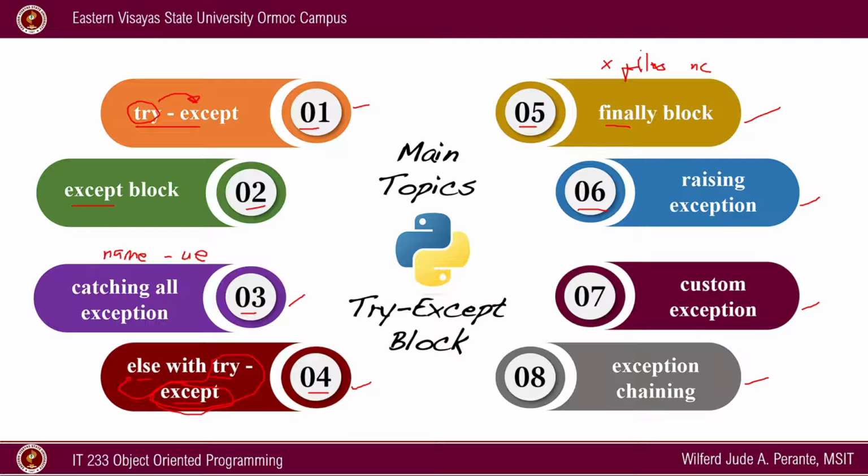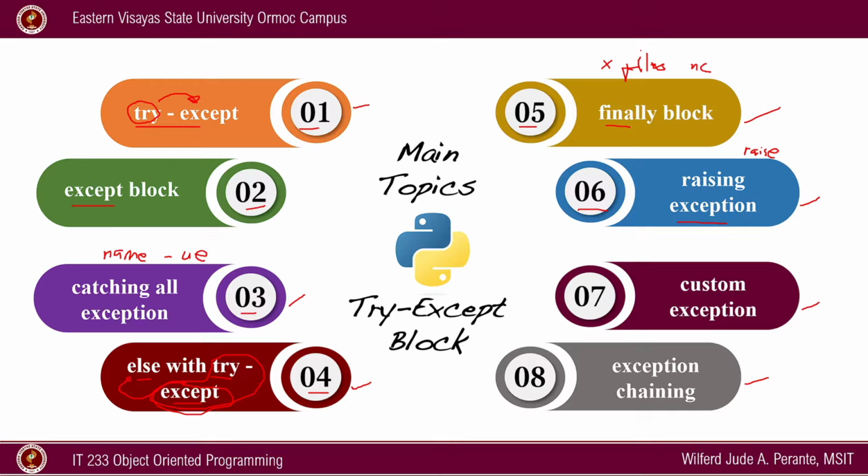So number 6 is raising exception. You can manually raise an exception in Python using the raise keyword. Okay. Yan yung gagamitin natin kung gagawa tayo ng raise using exception.